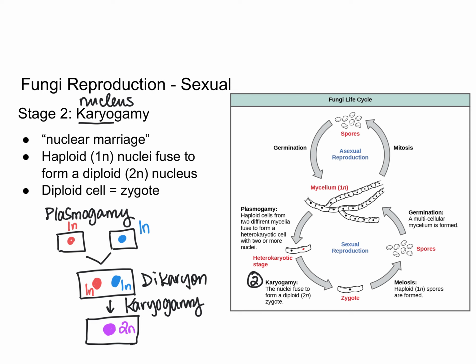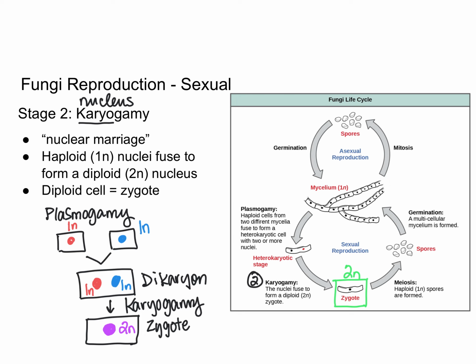And now at the end of karyogamy, we have a zygote. We can see that on this picture over here. This is our zygote with the diploid nucleus in it, whereas the dikaryon had two haploid nuclei.